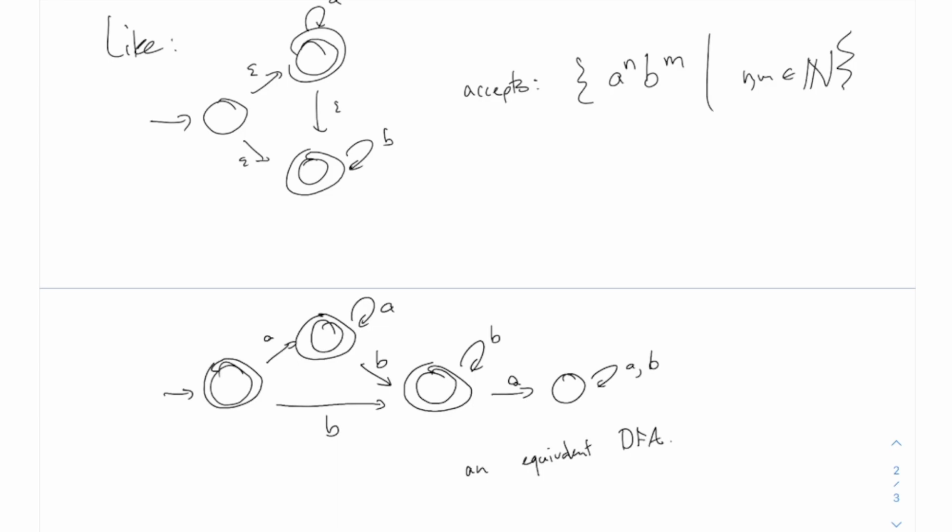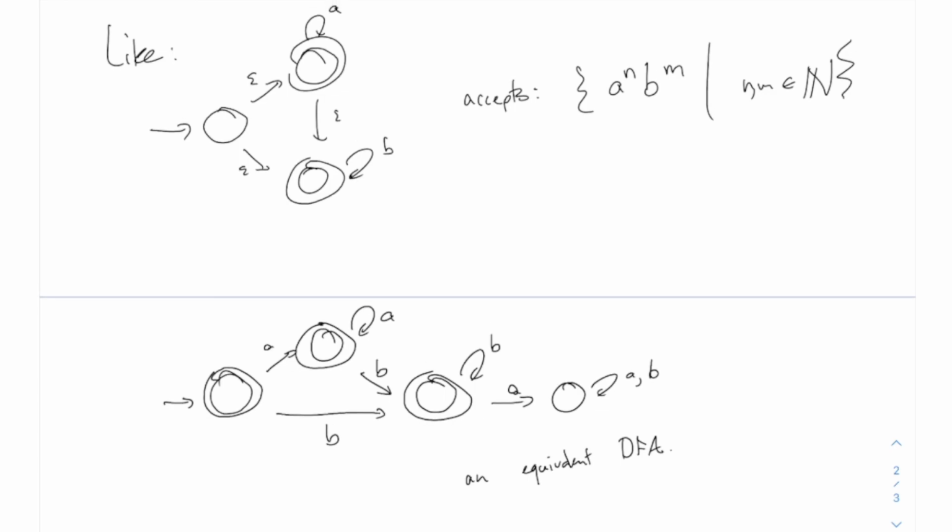And actually, I said we're going to talk about a procedure to convert an NFA into a DFA. The procedure we're going to talk about today will produce the second diagram if you start with the first one. This is a general purpose procedure to convert any NFA into an equivalent DFA.